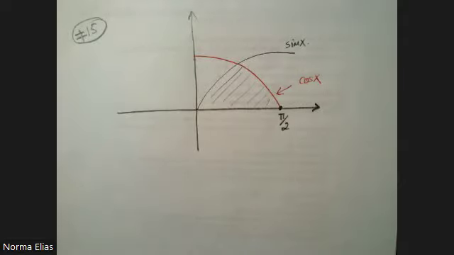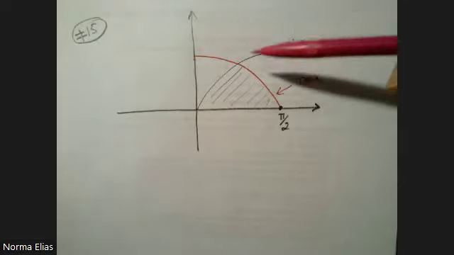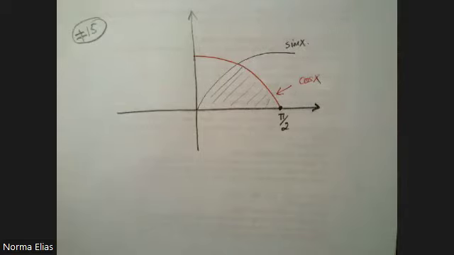All right, who wants to comment about this area? So whenever we have to find the area, we look at the graph and we see what's my upper curve, what's my lower curve, what's the intersection, before we start doing the work. So what is the lower curve in this problem? Sine x.